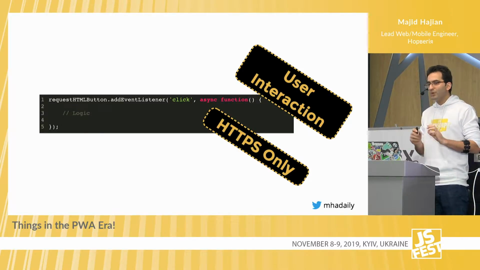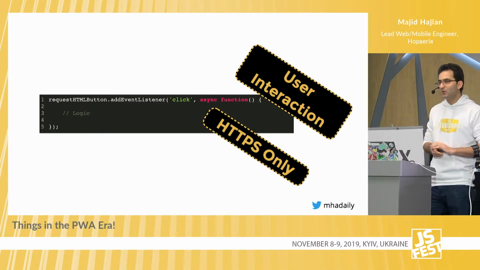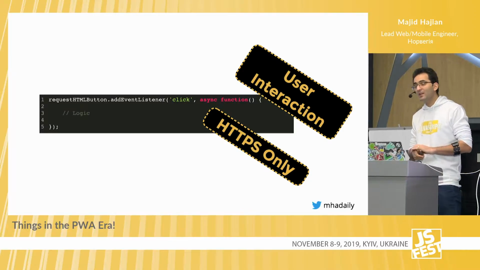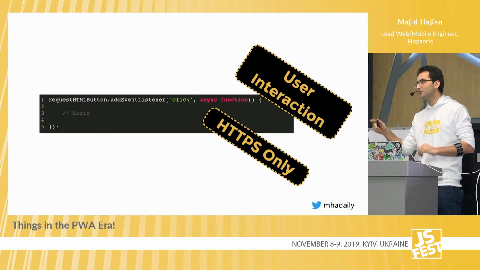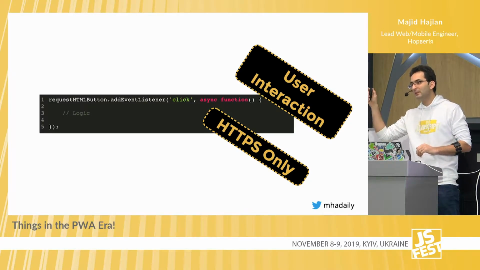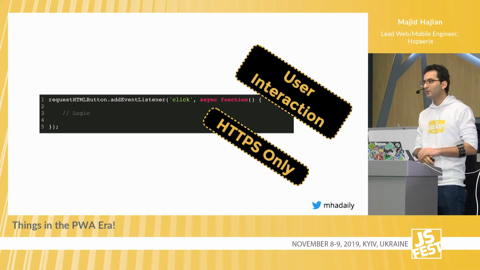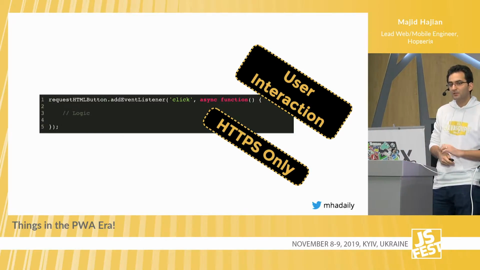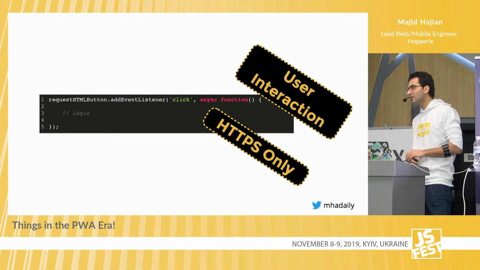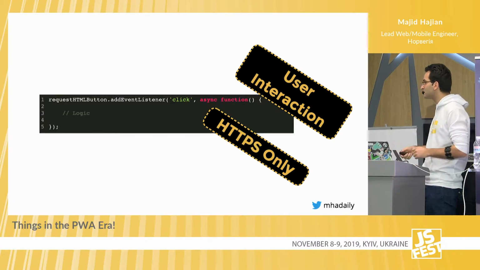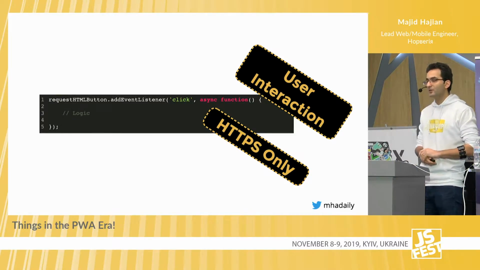One important fact is that you cannot get access to any Bluetooth devices unless the user explicitly clicks or taps on something. So a user gesture or user interaction is required, as well as HTTPS or a secure origin.